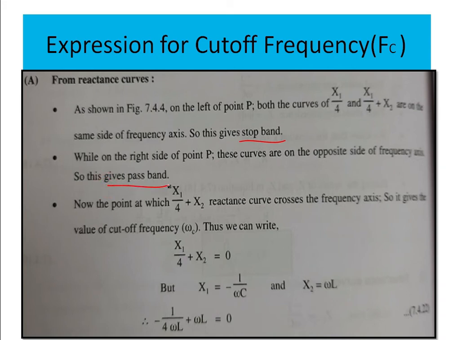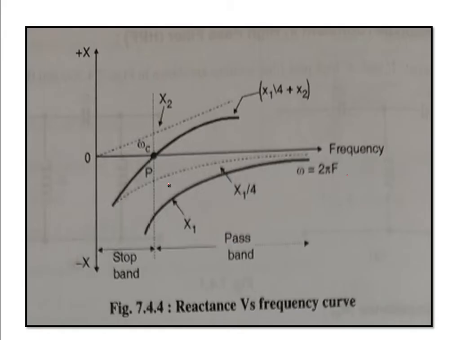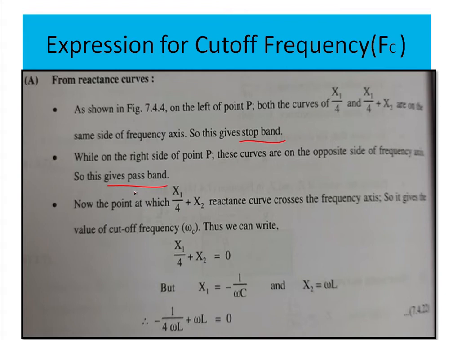Once the curve moves from one axis to the other, your circuit changes from the stop band to the pass band. So the point where X1/4 plus X2 crosses the frequency axis.